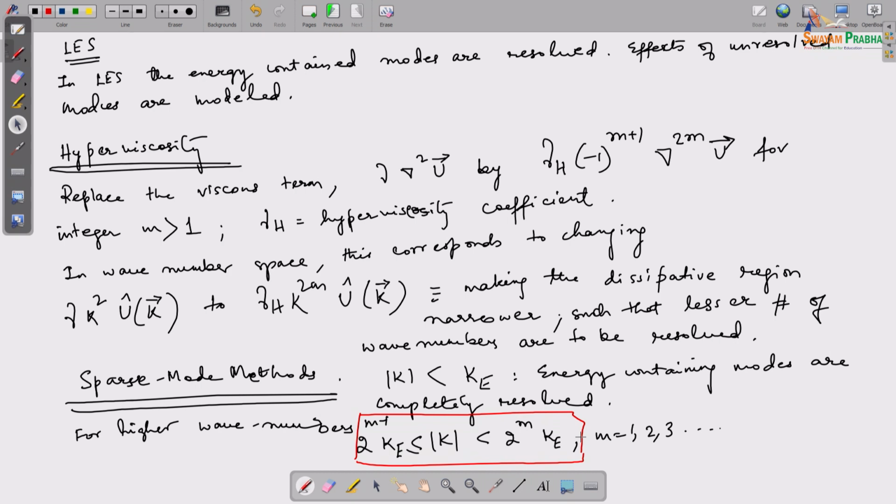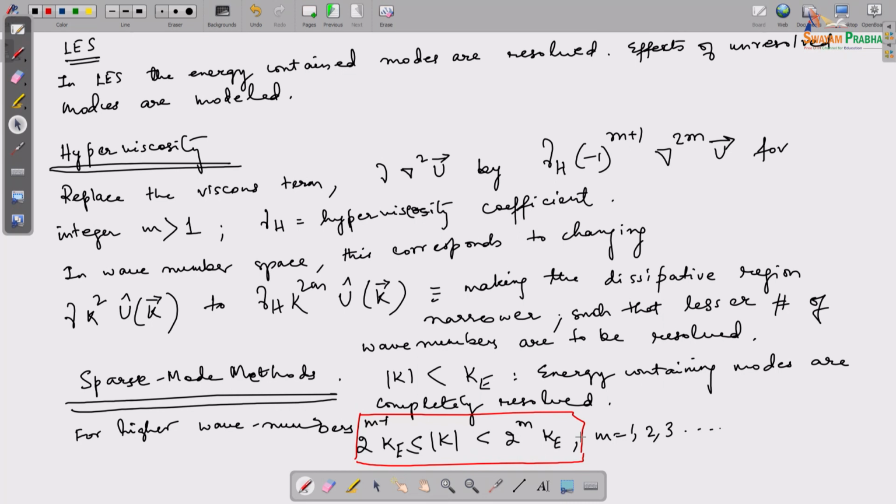So energy containing modes are completely resolved, and for higher wave numbers only a fraction of the Fourier modes is represented. So essentially that's all.